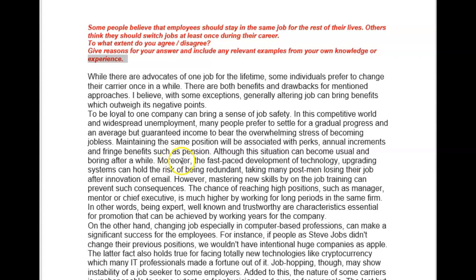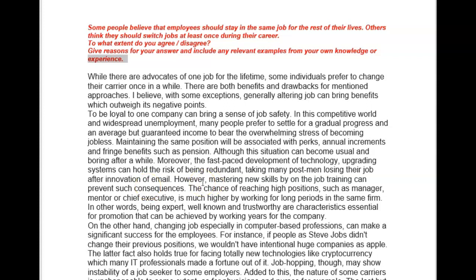"Moreover, given the fast-paced development of technology, upgrading systems can hold the risk of making people redundant." Full stop. "For example, many postal workers" — don't say men because it feels a little sexist — "many postal workers lost their job after the invention of email." Okay? Moreover, I already said that, sorry.